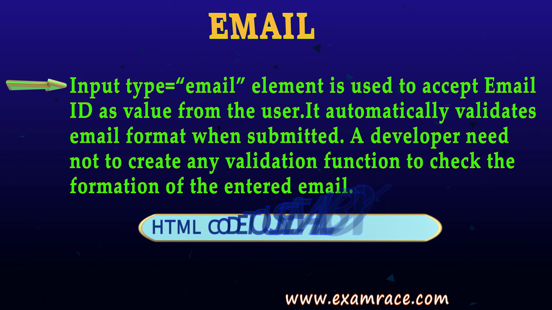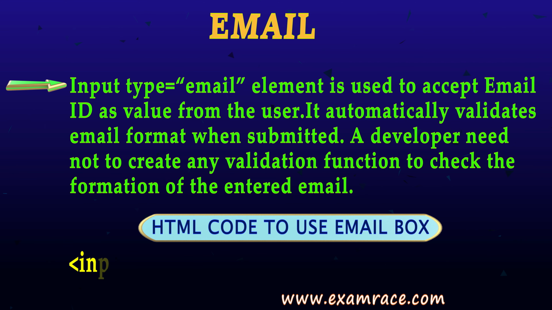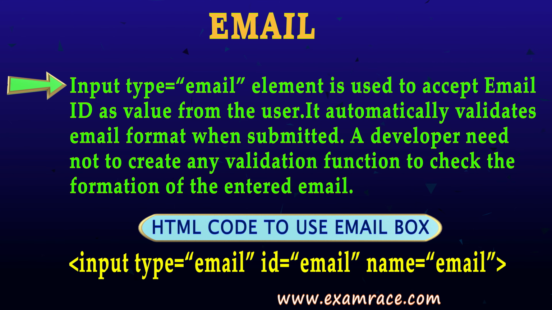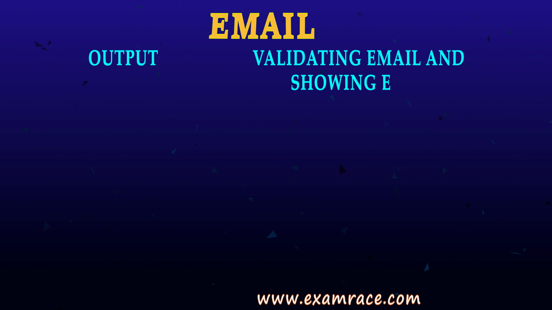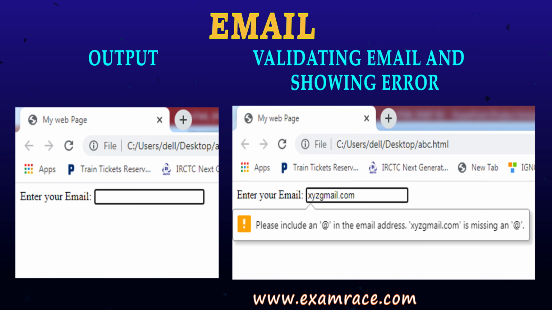So here is a simple code, that is type we need to mention as, in the double quotes, email. Then as usual we need to provide the ID and name also for this control. So here is the output and its validation also showing error if we are giving the wrong data.